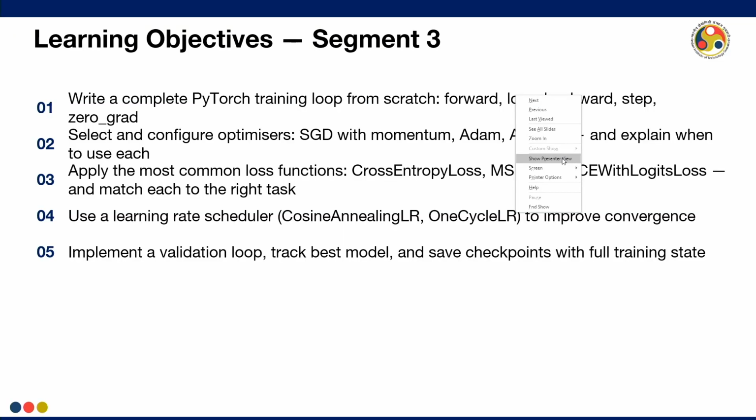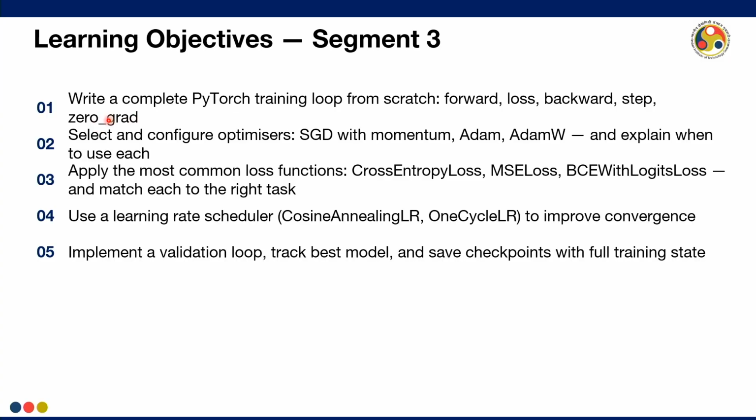So how many steps are involved? We have the forward pass, the loss computation, the backward pass after that, and then the step. Step means we update the weight parameters and biases by the gradients that we have calculated, and then we reset the gradient values for the next pass, right?